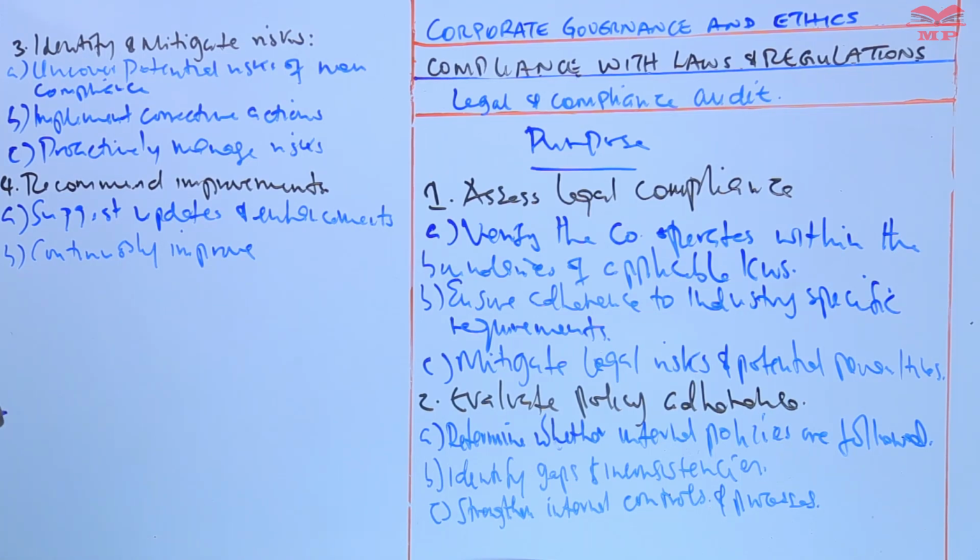You understand? So recommending improvements can help the organization to continuously improve and also to enhance, to improve, and so on. Continuously, it helps to continuously improve its compliance posture.